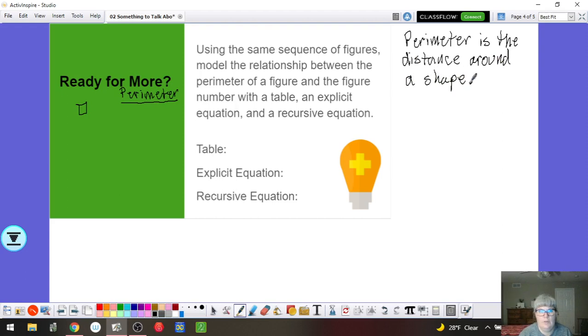So in figure 1, our perimeter is 4. Each side is 1 unit.